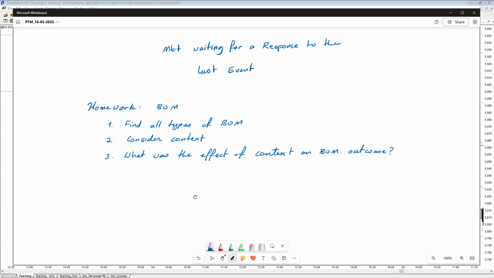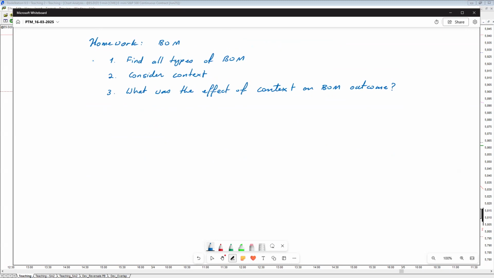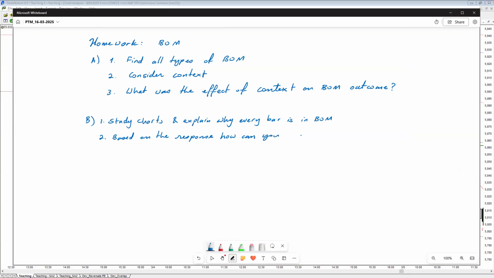And if you want to do a little bit more, so that's like A and B: study charts and explain why every single bar is in breakout mode. So that's 1, 2. Based on that, based on the response, how can you structure new trades?